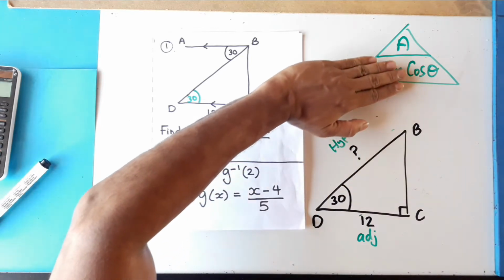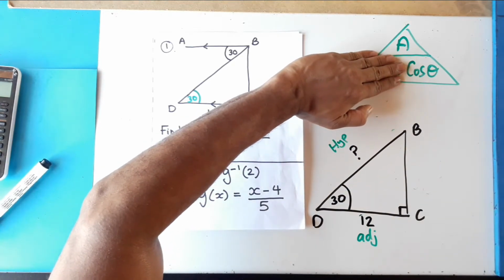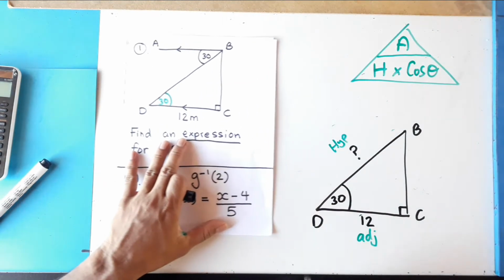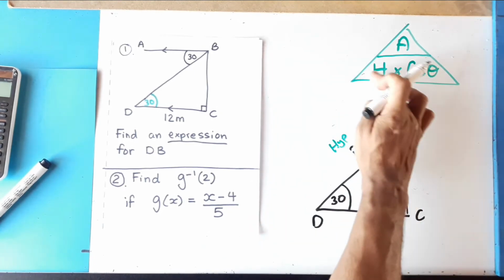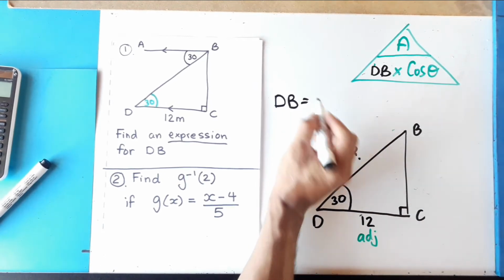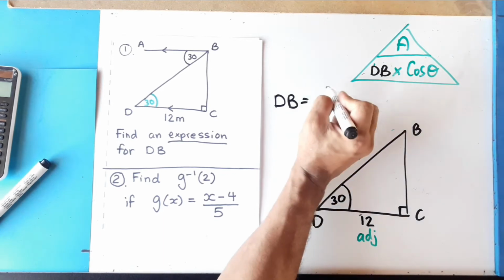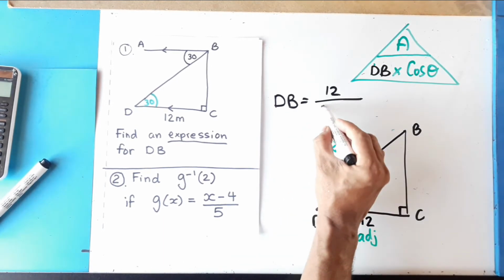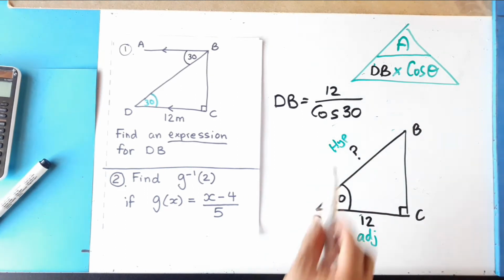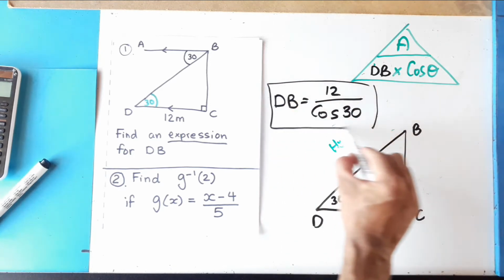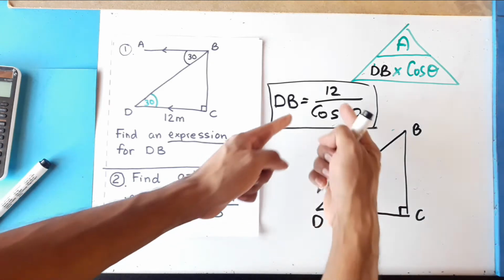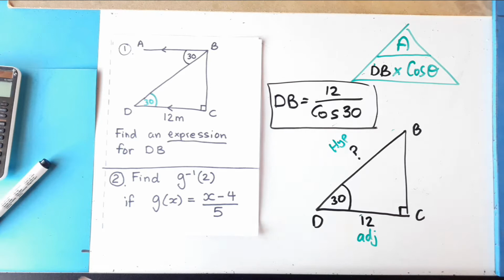So if you are trying to find your hypotenuse, you block the h, and when you block the h, you are left with adjacent divided by cos theta.